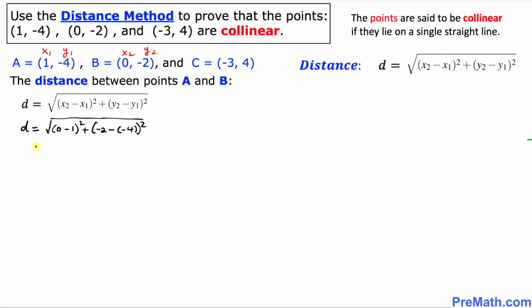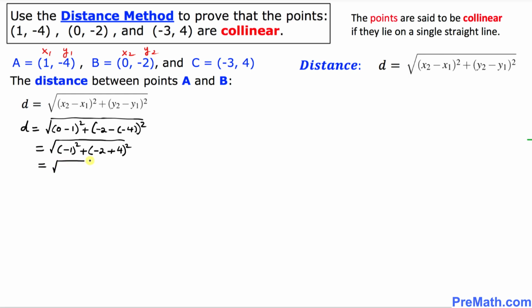Let's simplify further. This is going to be simply (-1) squared plus, here we got -2, and here negative and negative become +4, and then squared. Let's simplify more.